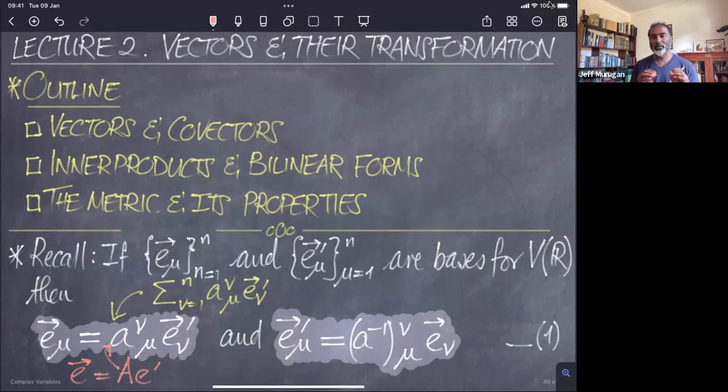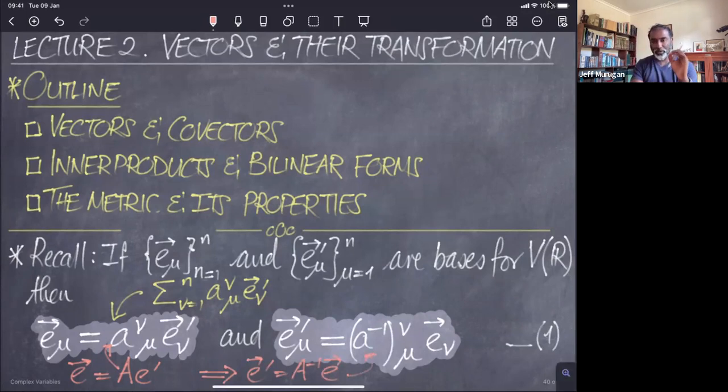Okay, so given that I can think of this thing as a matrix equation, I can also invert this matrix equation and write E prime then as A inverse E. And that's literally all that this equation is telling us.